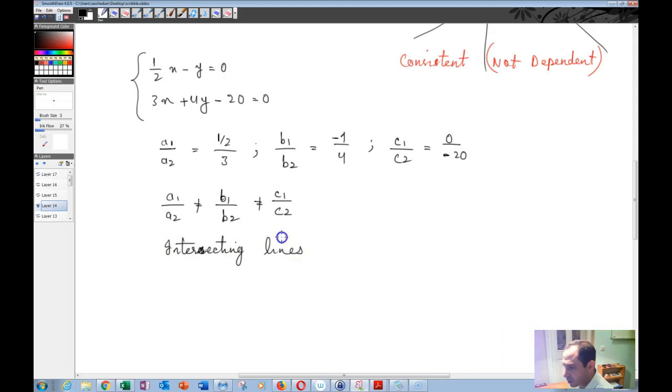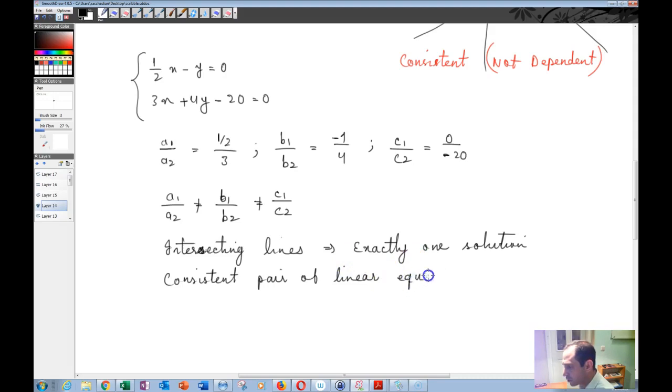Intersecting lines, and that means that you have exactly one solution, and that means that the pair of linear equations are consistent pair of linear equations, and that's basically this whole situation over here.